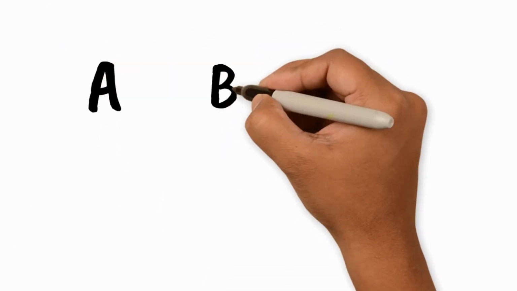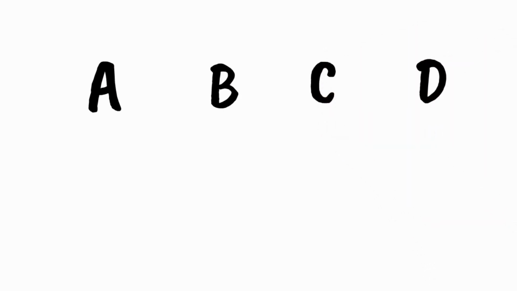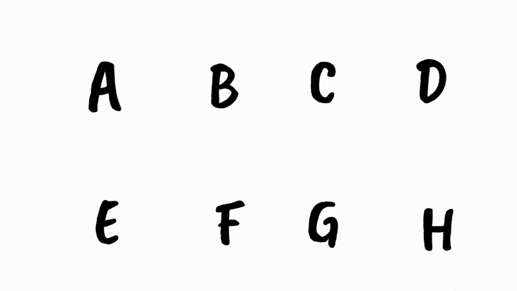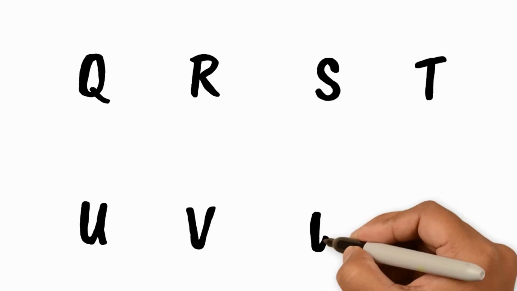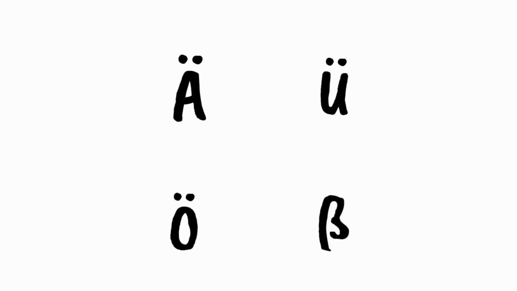A, B, C, D, E, F, G, H, I, J, K, L, M, N, O, P, Q, R, S, T, U, V, W, X, Y, Z, and the four special characters in German: Ä, Ö, Ü, ß.